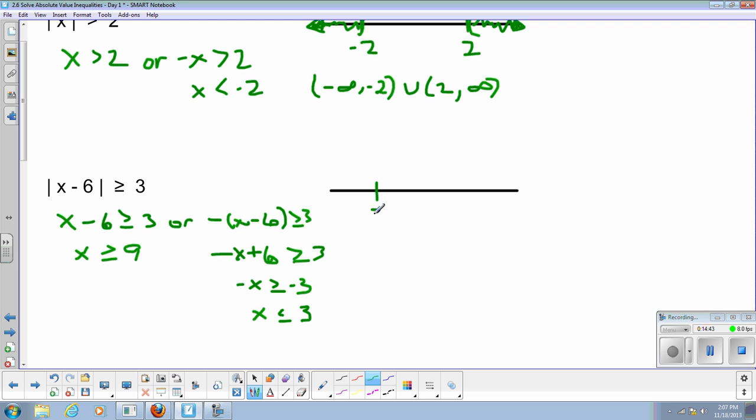3, 9. This is a greater than or equal to. That means a bracket. Greater than means pointed away to the right. And I'm drawing my arrow here. Less than or equal to means a bracket on 3. Whoops, I missed. Sorry about that. And then I will shade to the left.